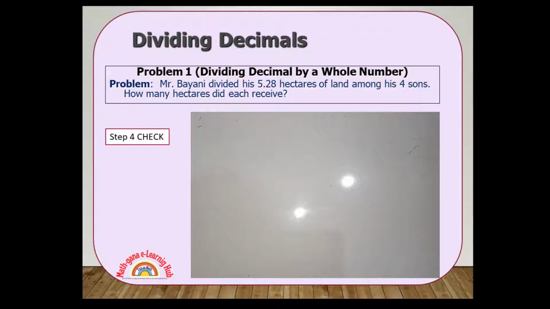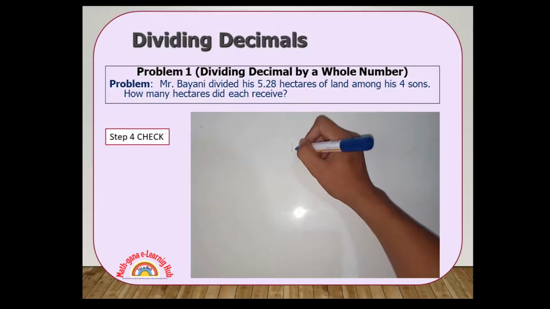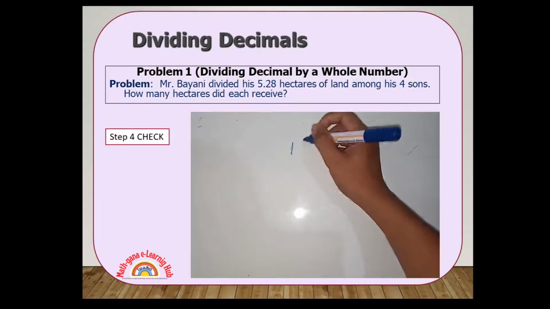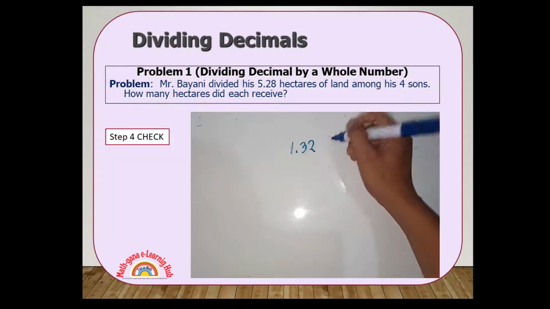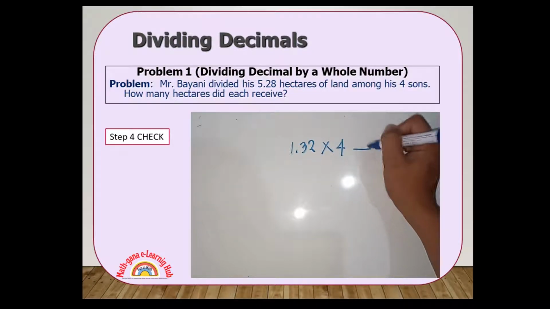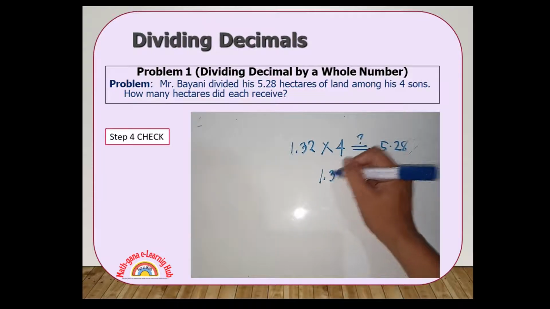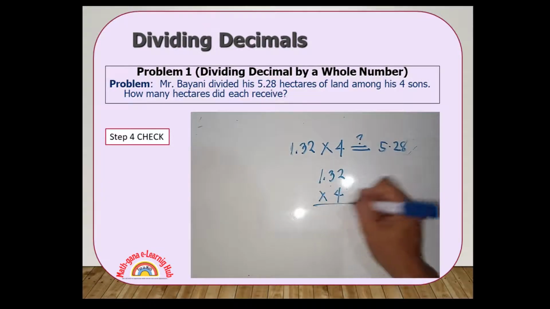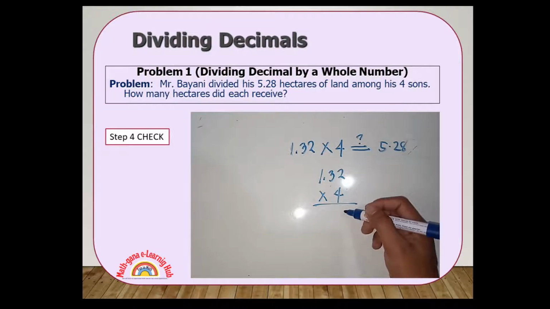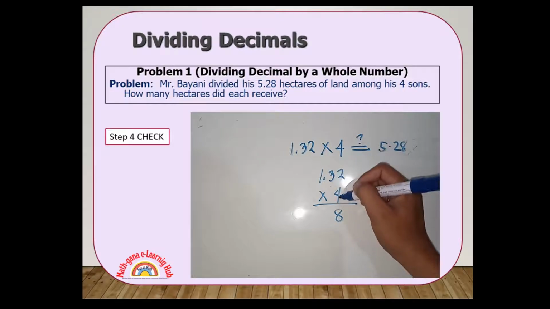So guys, we will now check if our answer is correct. By checking, we'll use the opposite operation of division. So we will check if our quotient, that is 1 and 32 hundredths, times our divisor of 4 is equal to 5.28. Okay, let us solve. 2 times 4 equals 8. 3 times 4 is 12.